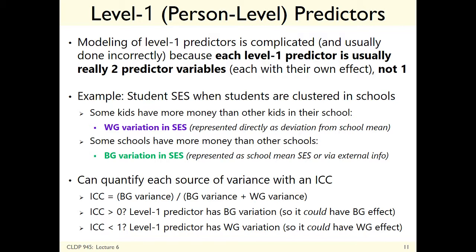So within group variation in SES, for instance, some kids may have more money than other kids in their school, and some schools, if you were to aggregate whatever you're using to indicate SES, are going to have more rich kids than others. So if we were to look at the effect of student SES, even if we don't care about the school per se, we can't ignore the fact that there may be school level variance in it, and that school level variance goes in the model.